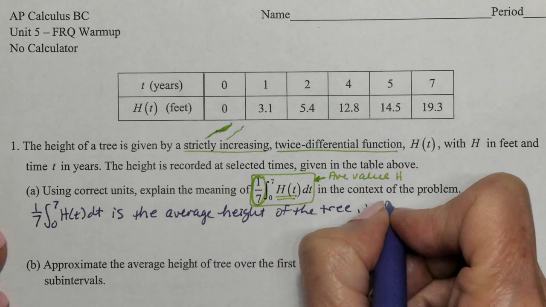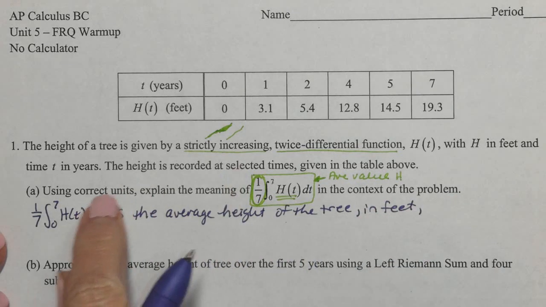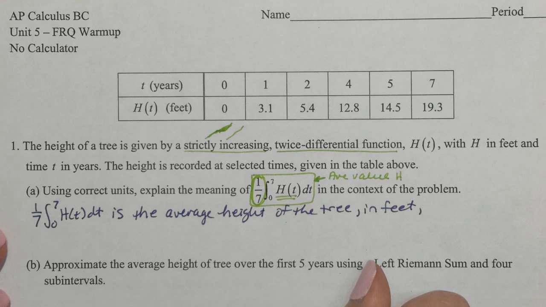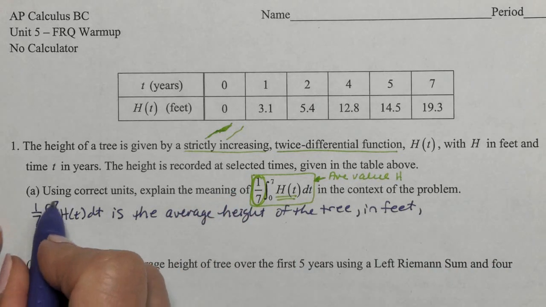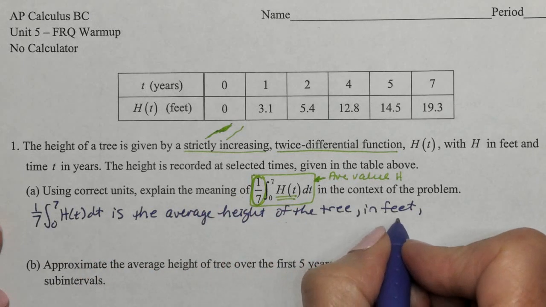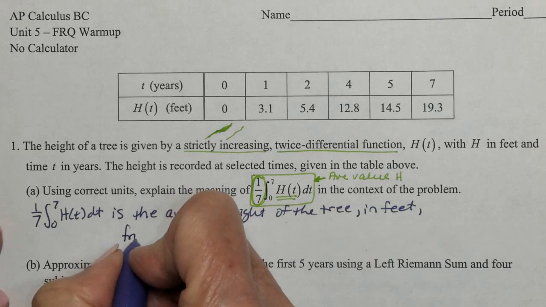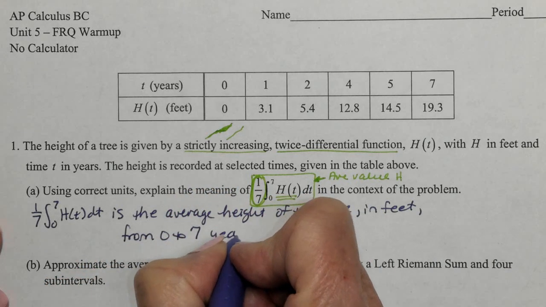In feet. The average height would be in feet, and we have to give the units. The average height of the tree in feet. And now we need to give the meaning of 0 and 7 here. So this is the average height of the tree in feet from 0 to 7 years.